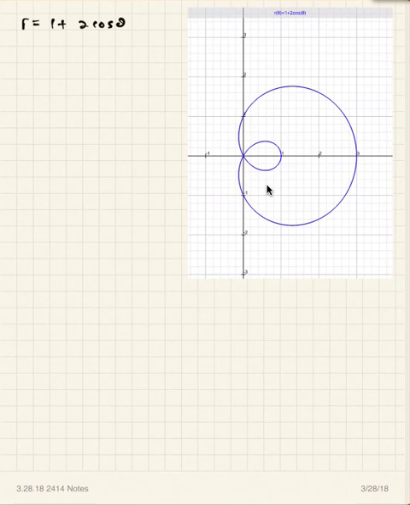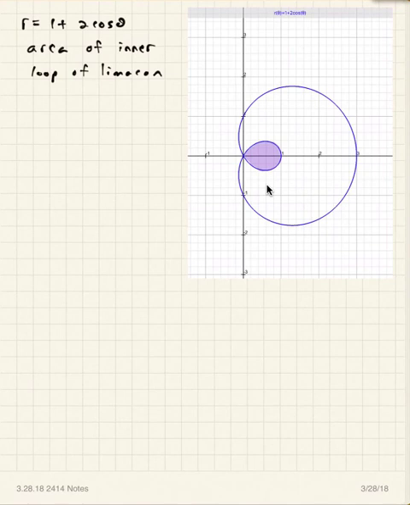And so let's look at the area of the inner loop of the, and I said cardioid, it's definitely not a cardioid, it's a limacon, the inner loop of the limacon. All right, so the inner loop of this limacon is this piece of the graph right here. That's what we're trying to find the area of.